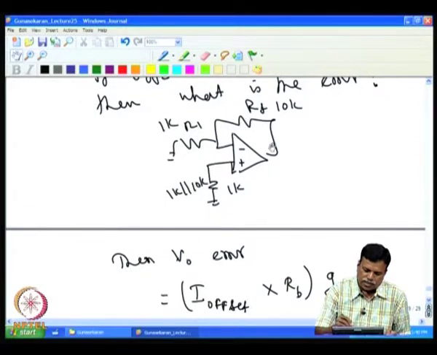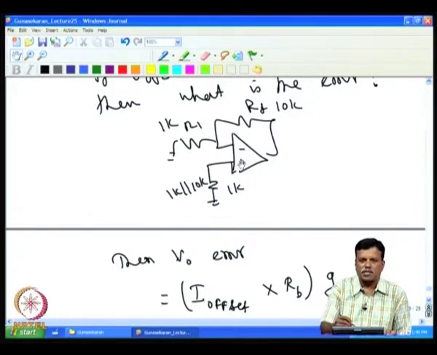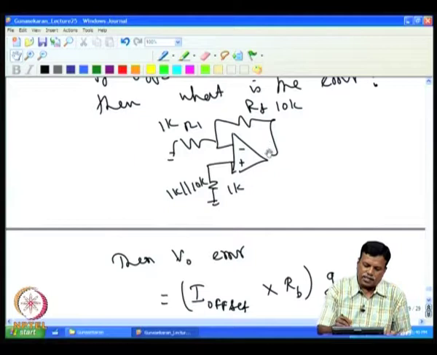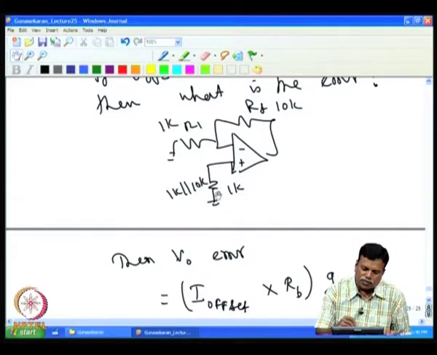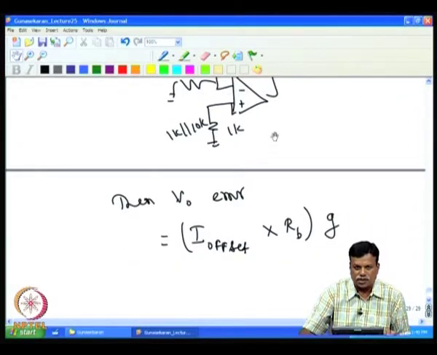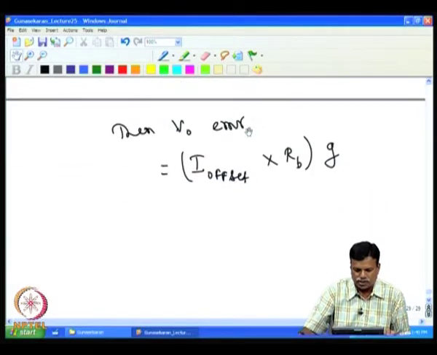Since this resistance is put as the parallel combination of these two, which makes the output 0, I can subtract I minus from I plus and assume that only that much current is flowing here. So, the net current flowing here would be only the offset current, and into this resistance it will be the error voltage at the input. Multiplied by the gain, it is the error voltage at the output. That is how this equation came.